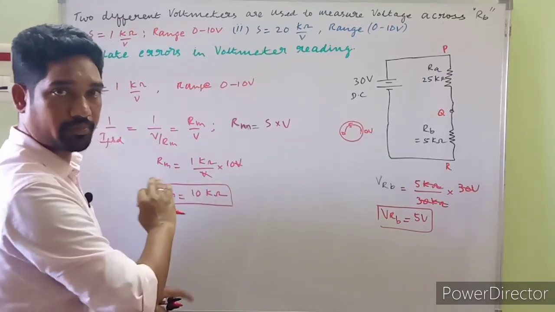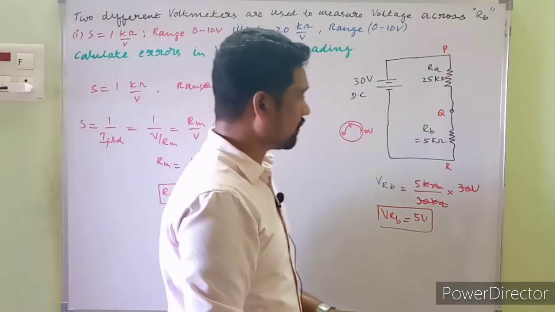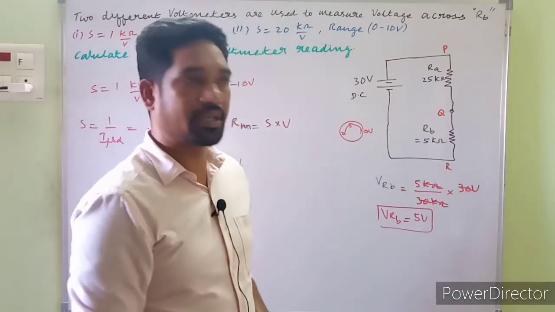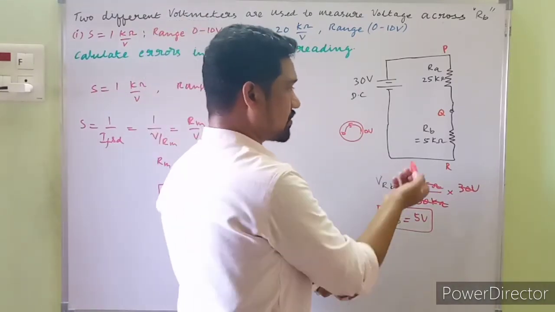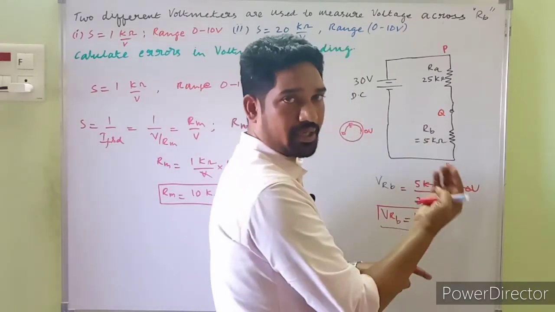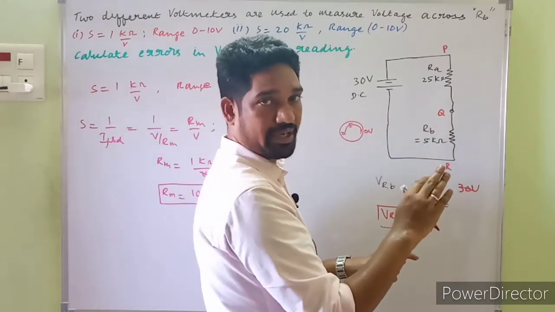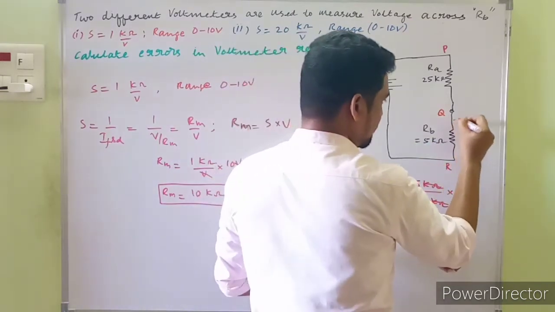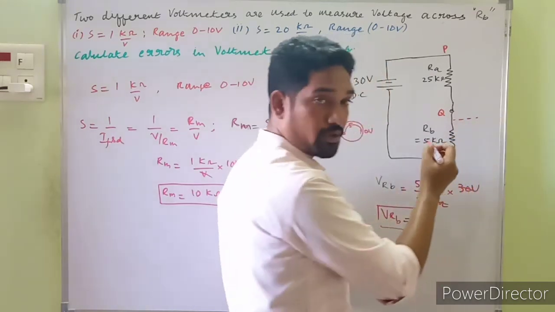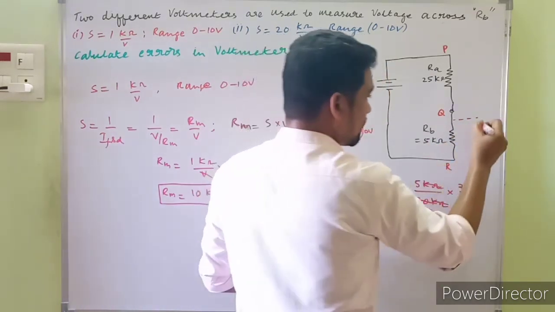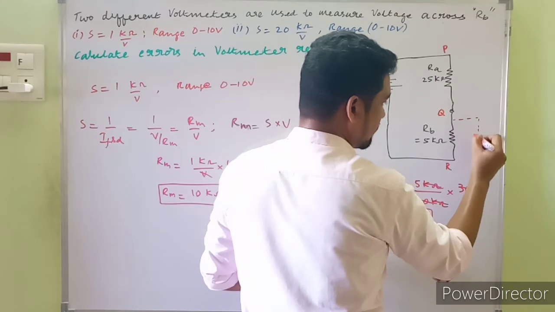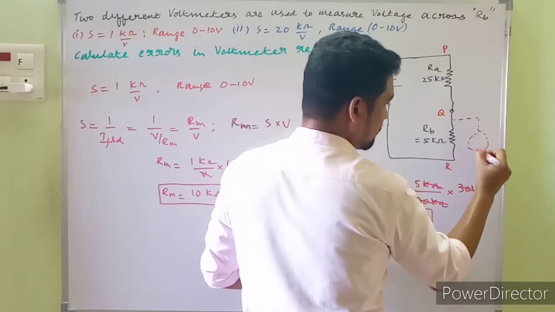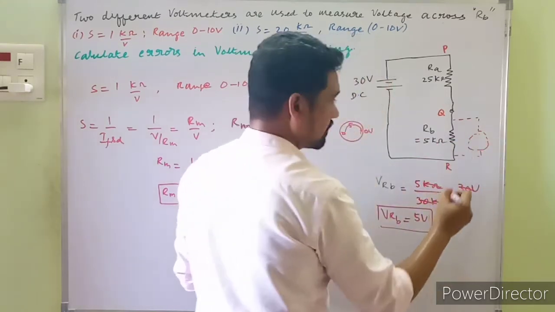How is it related to this numerical? Let's see over here. When you are asked to connect the voltmeter, how do we connect it across RB? Across. This is how I'm drawing it in dotted lines intentionally. This is how we connect the voltmeter across RB.